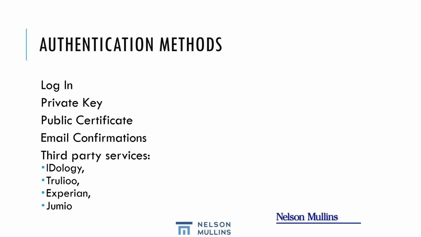And then finally, what a lot of our banks, credit unions, and lenders are deploying is going to be third-party services, which is using folks like Ideology, Trulioo, Experian, Jumio, integrations that exist already into DocuSign, Fiserv, and FIS, and Jack Henry that do non-face-to-face authentication.